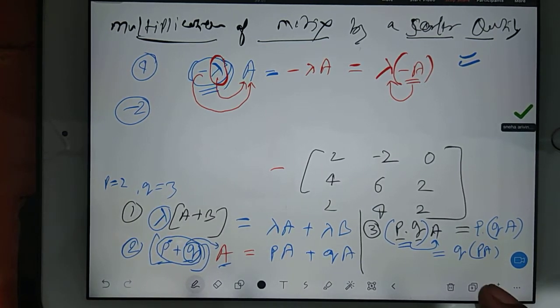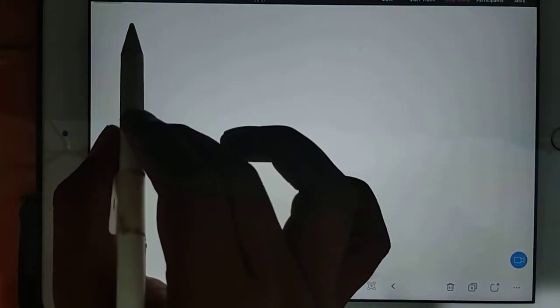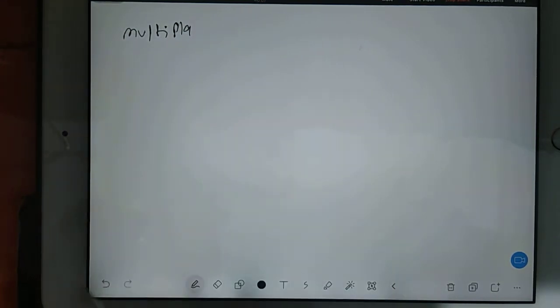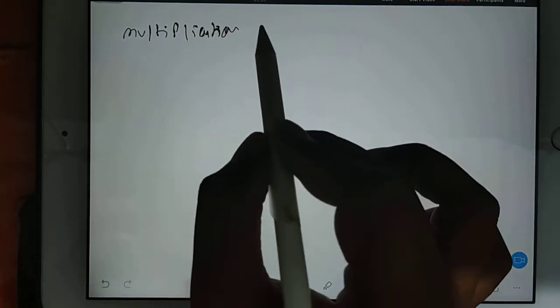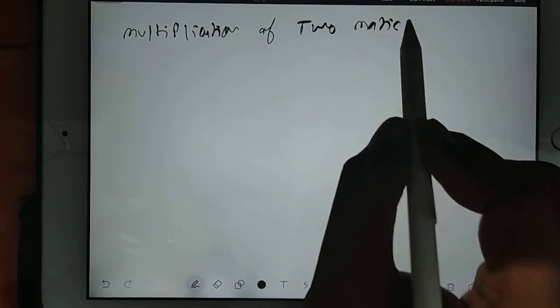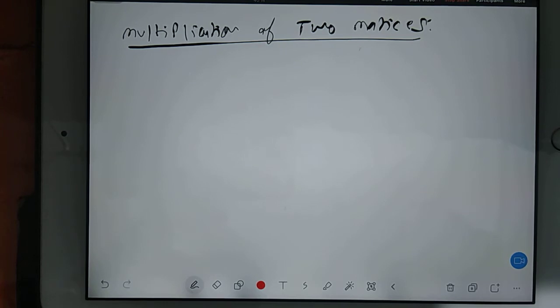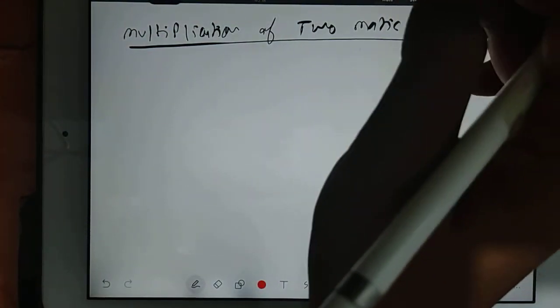Don't hesitate guys, ask your doubts. Now see, the heading is multiplication of two matrices. Take down the heading.